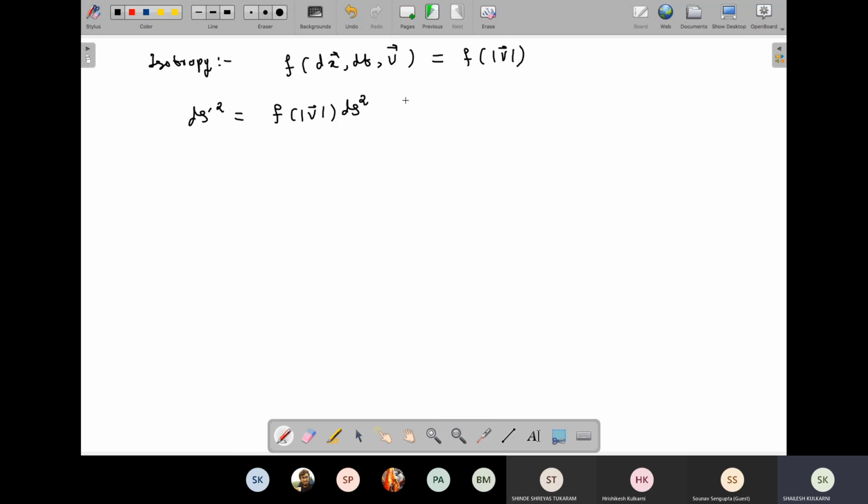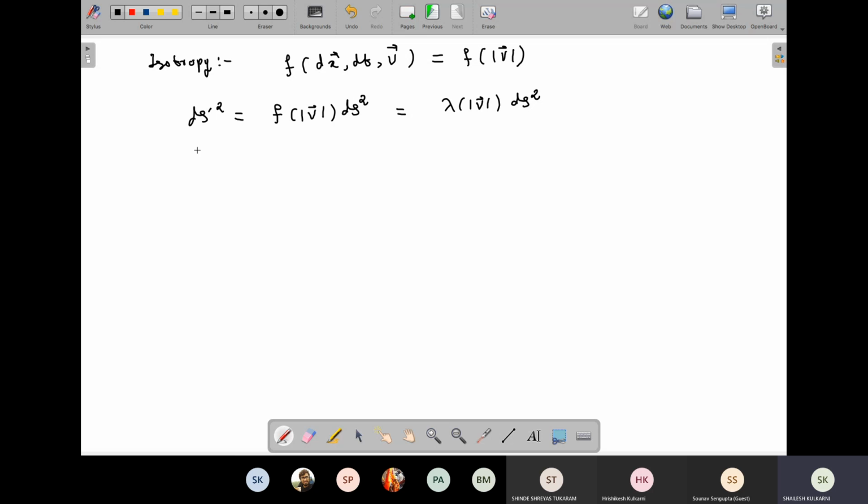So let me write this in a slightly different notation. Instead of f, I will write lambda of v. Clear? So this is how the interval in one frame is related to the interval in another frame when two frames move with constant relative velocity.